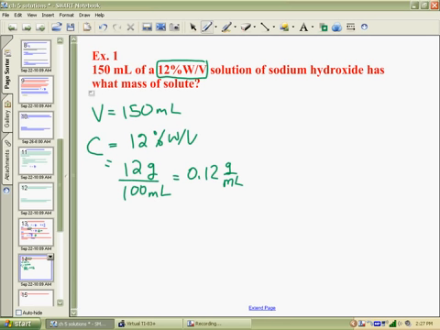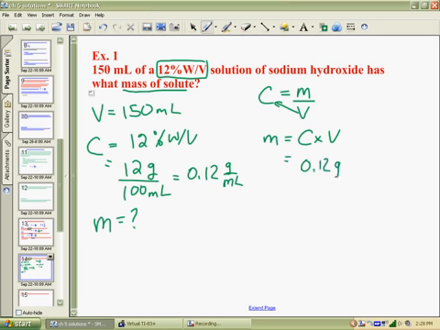The question's asking for what mass of solute, m, is our unknown. Concentration is mass divided by volume, so when we rearrange that equation, mass is equal to concentration times the volume. Our concentration is 0.12 grams per mL, and the only caution you have to have is that your volume better be in the same units of milliliters, and they are. If one was liters and the other milliliters, you would have to deal with that.